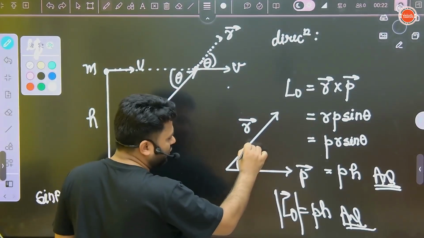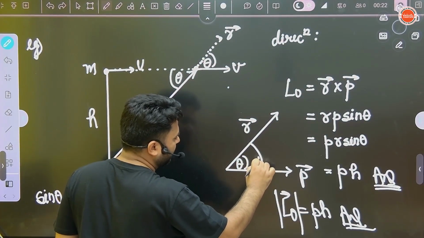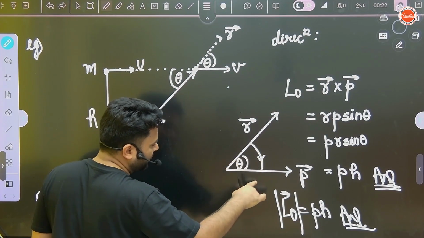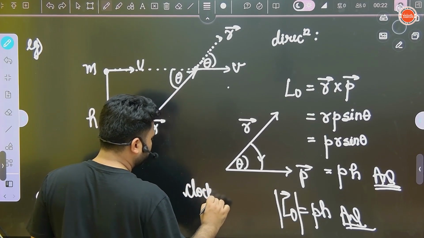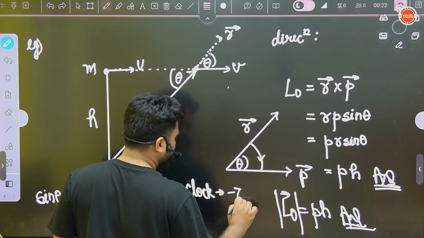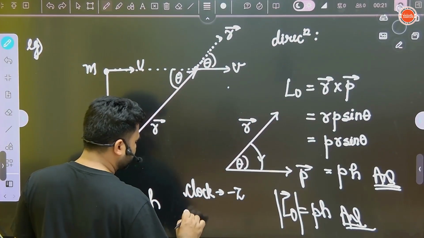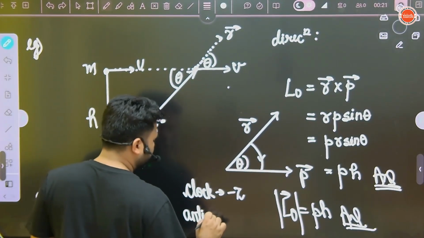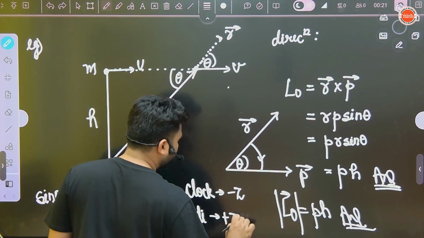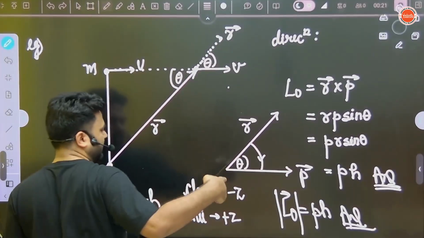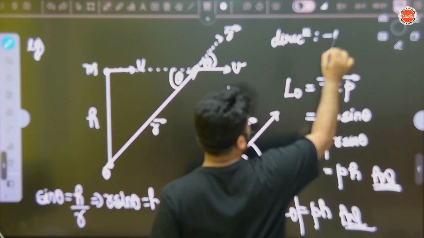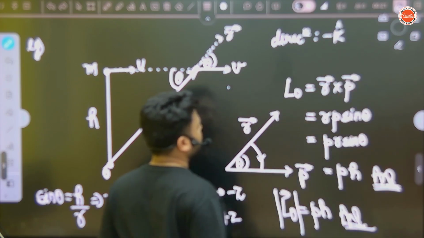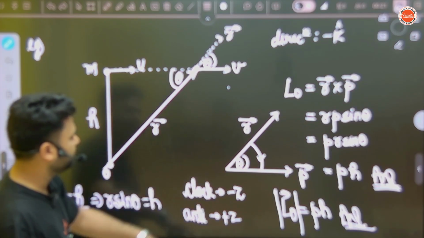We are doing r cross p, so from r we are going to p. This direction is clockwise. Always remember, whenever it comes clockwise, direction is minus z axis. If it comes anti-clockwise, direction is plus z axis. So minus z means into the plane of the board. So in this example, direction is minus k cap, clockwise.